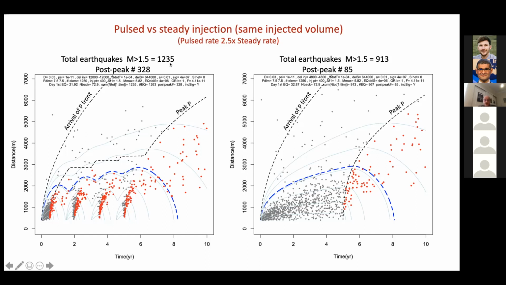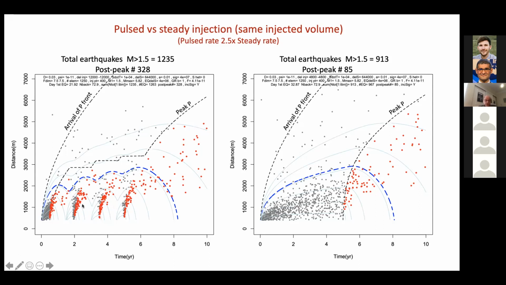These are the synthetic earthquakes again, of course, over 1,200 versus about 900 events. So about 300 extra events for pulsed injection. And it seems, in this model at least, to be due to an increase in the number of post-peak earthquakes that occur as the stresses are falling.